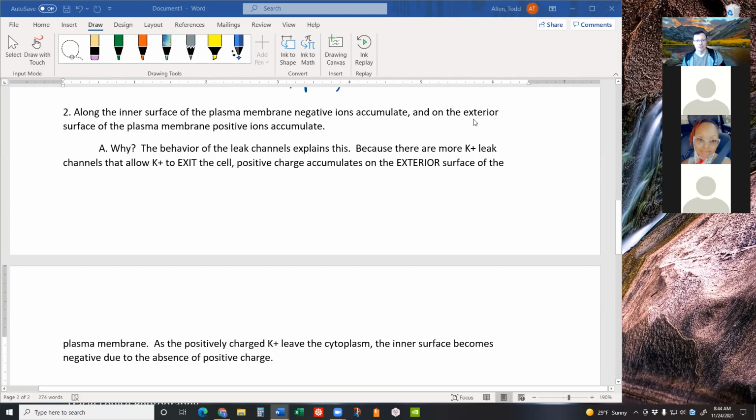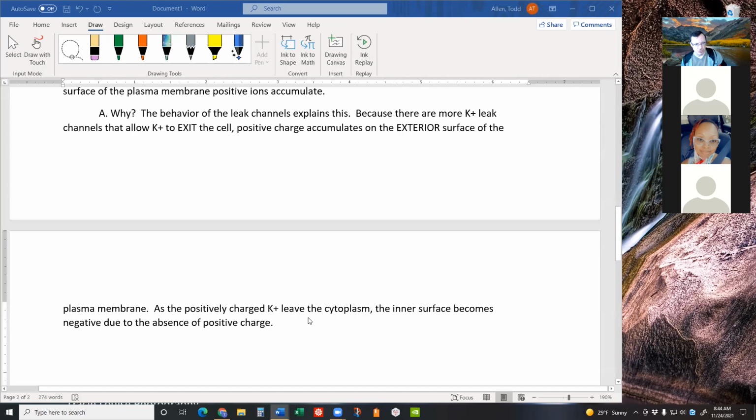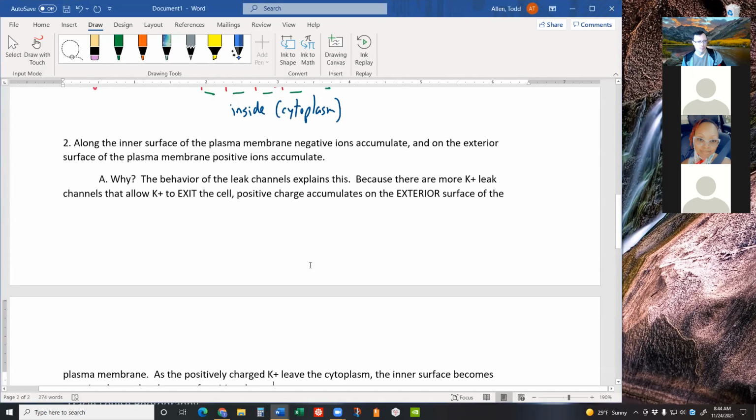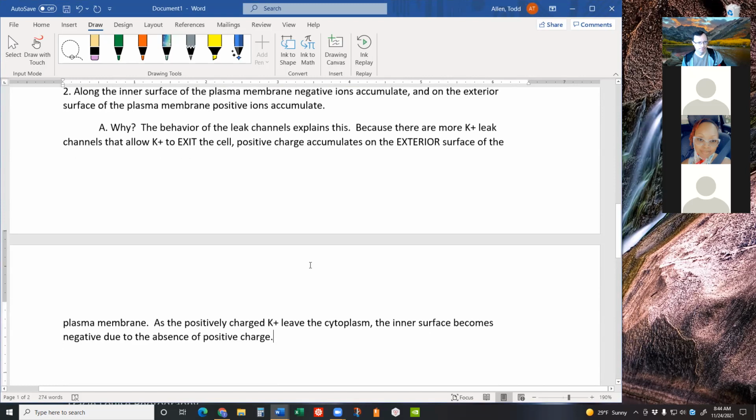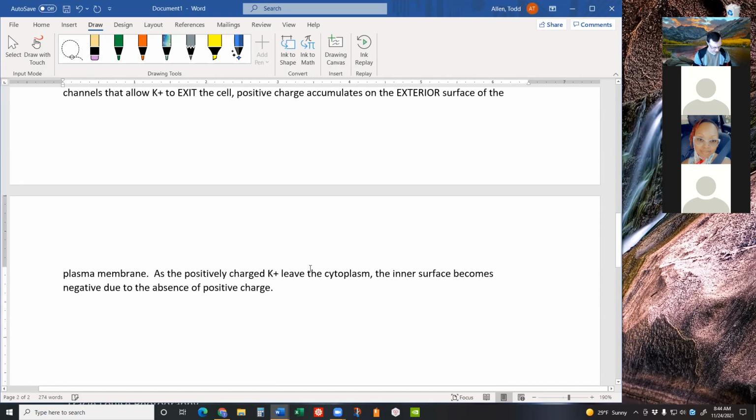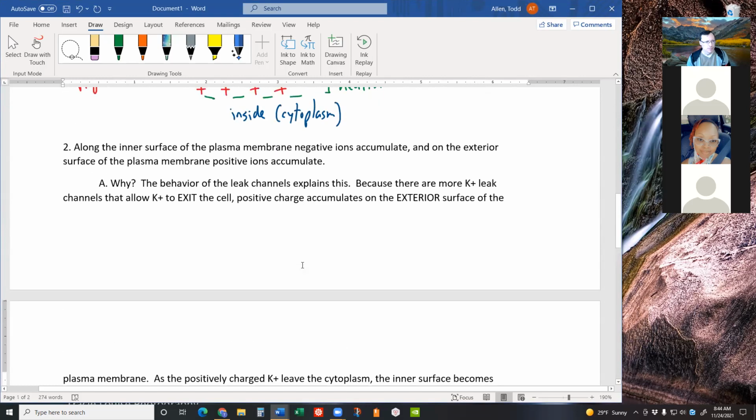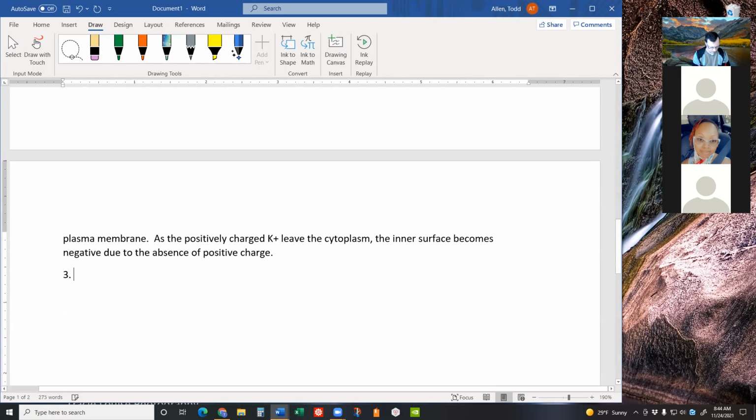Okay. So let's continue here. All right, so next, number 3, the resting membrane potential of a typical neuron is minus 70 millivolts.